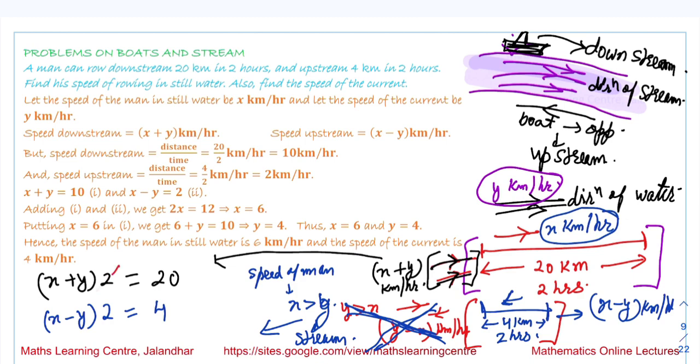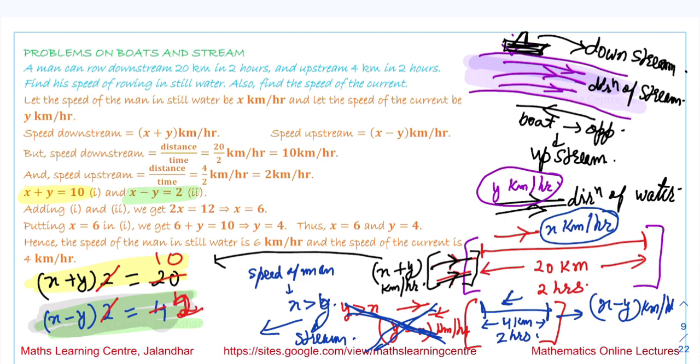So when we solve, the 2 gets cancelled on both sides, and we have two equations. One is x plus y is equal to 10, and the second equation is x minus y is equal to 2.